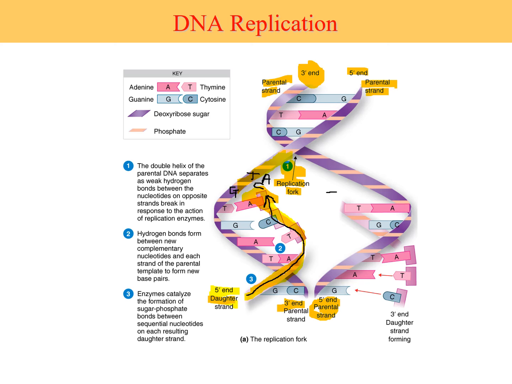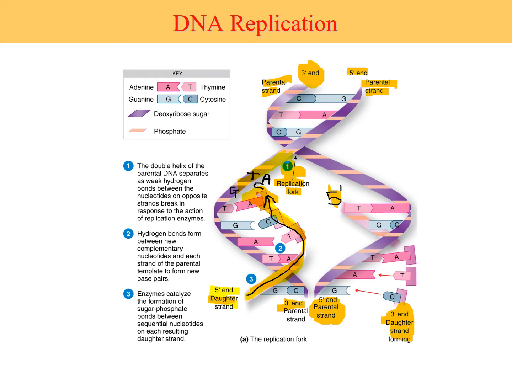This end is 5', and this end is 3'. Let me just fix that. This end here is 3'. I know that because this side is 5'. So this is 5' up here and 3' down here.